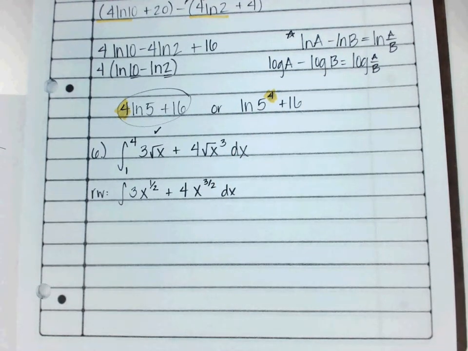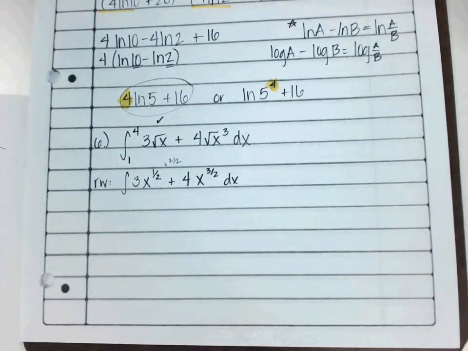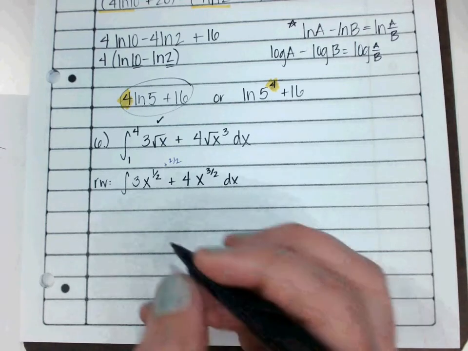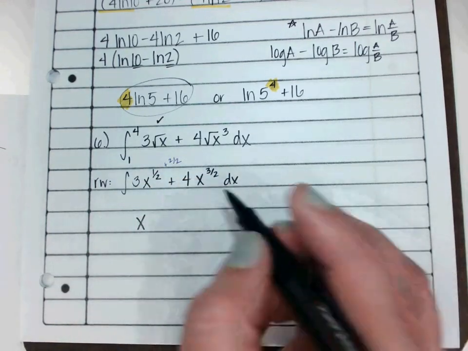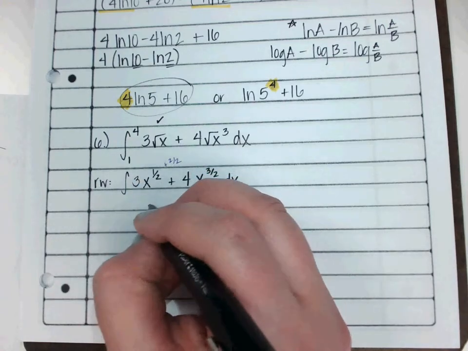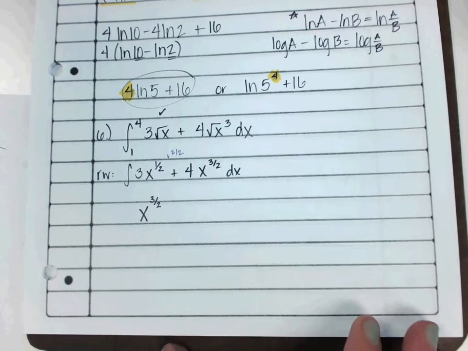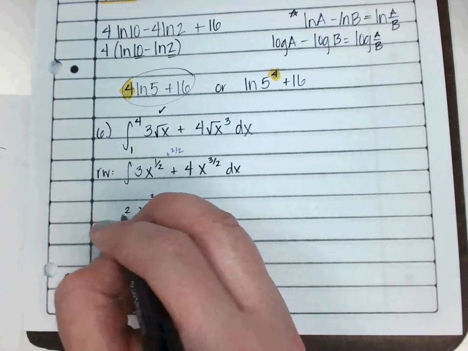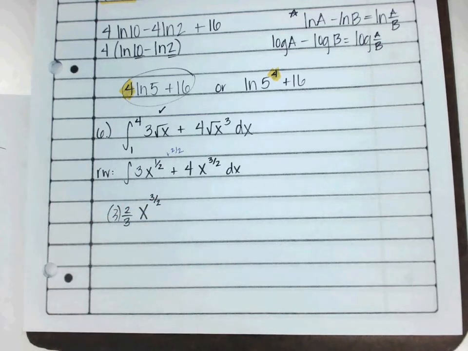Let's take the antiderivative. When I add 1, I'm going to add it as 2/2. So 1/2 plus 2/2 is x to the 3/2. And then if I divide by 3/2, what do I put in the front? 2/3. But what was already there? A 3. What's going to happen with the 3's?